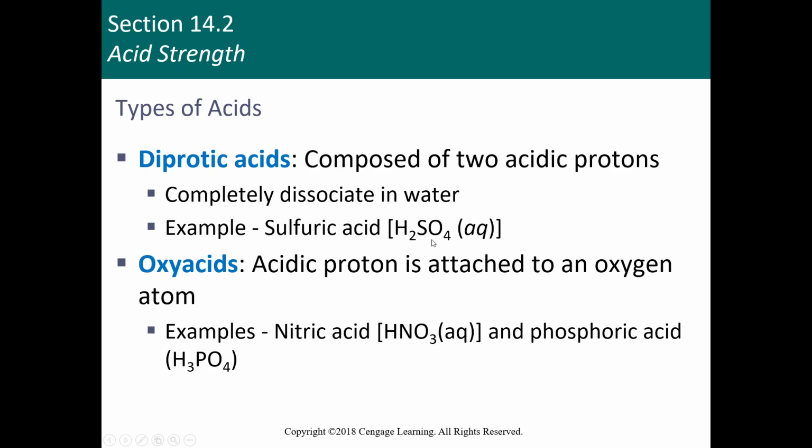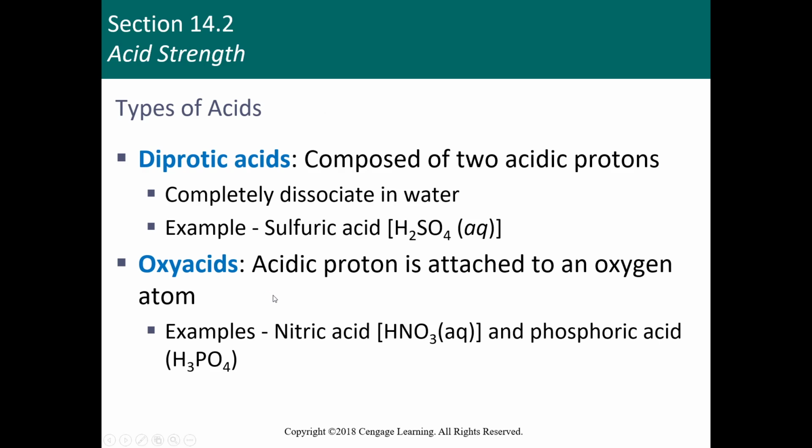Though there are weak diprotic acids, of course, where the first H plus does not come off completely. However, sulfuric acid is an example of a strong diprotic acid. The first H plus comes off completely, it is a strong acid. The second one is a weak acid. You do not have all of that H plus coming off.